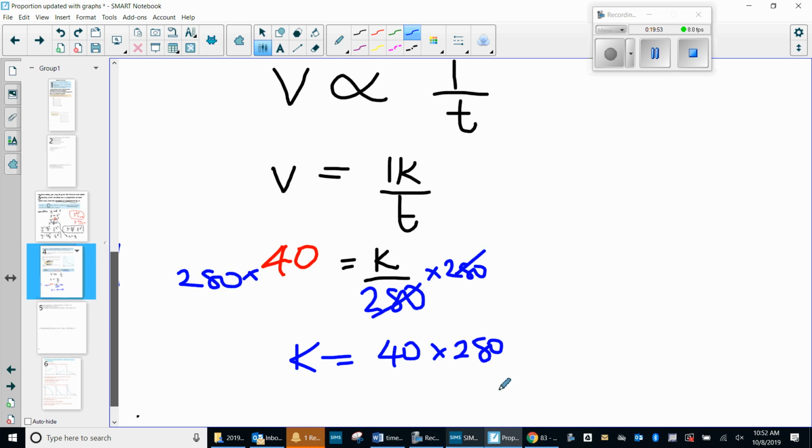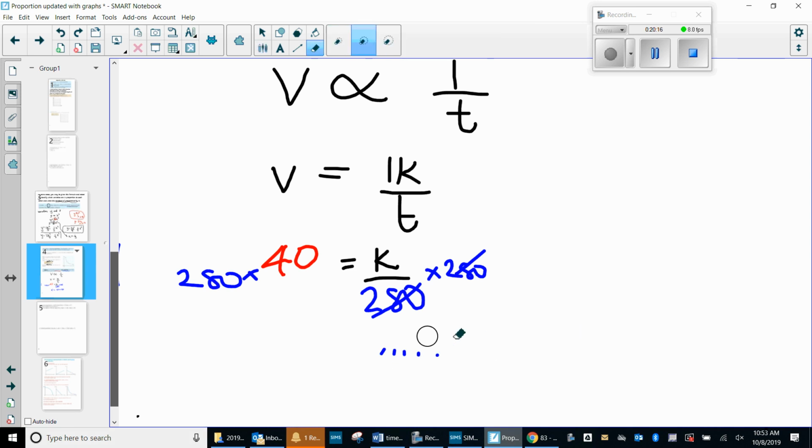How come you didn't write anything like... Wait, so on the last step, you just wrote 40 times 280, but you didn't write... Do you want me to leave it on the same side as I had before?